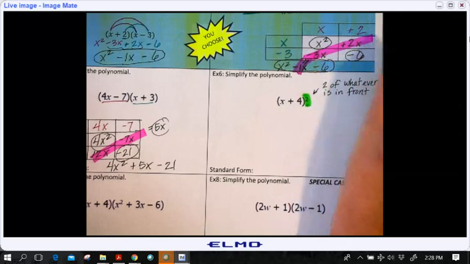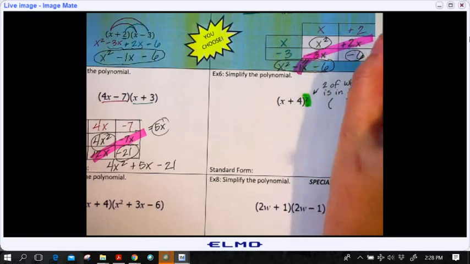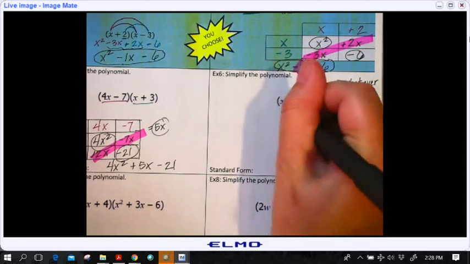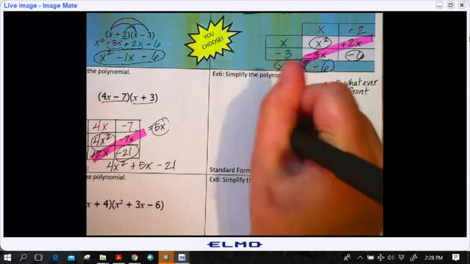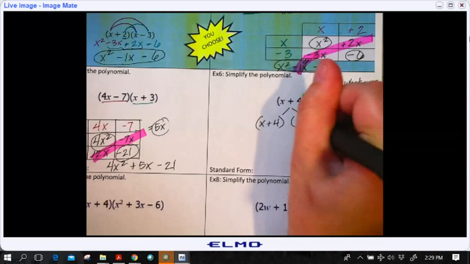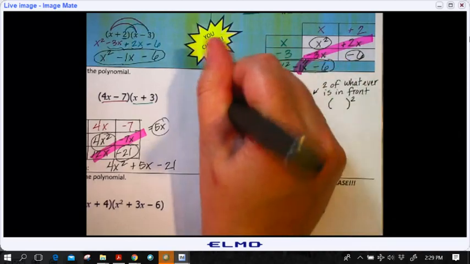So in this case, I have a parenthesis in front of the squared. So I need to write that parenthesis out 2 times. X plus 4, x plus 4. And now I'm ready to multiply.